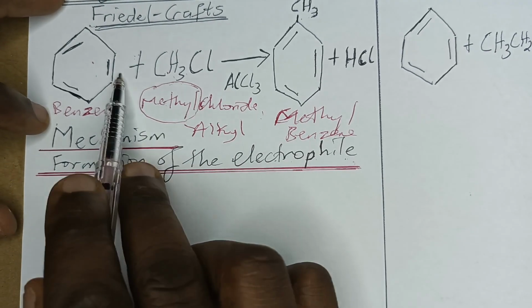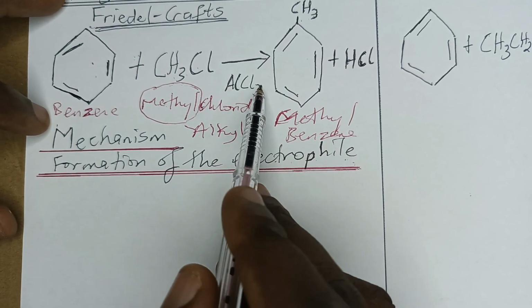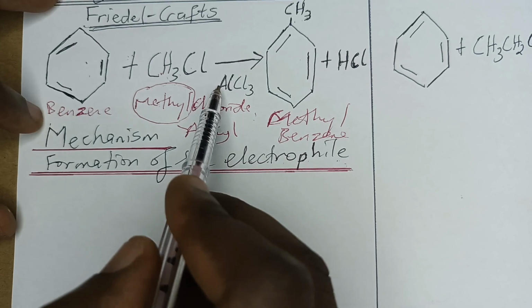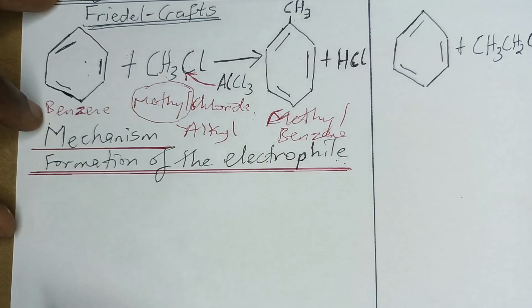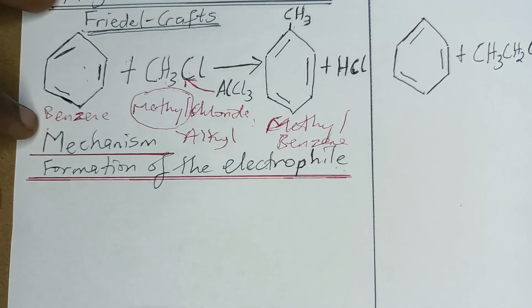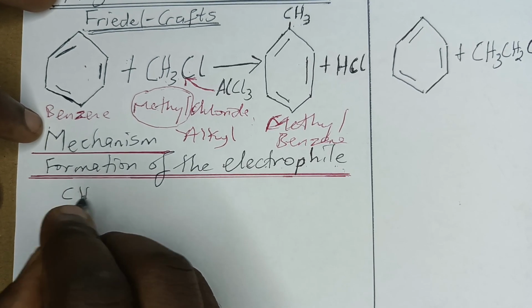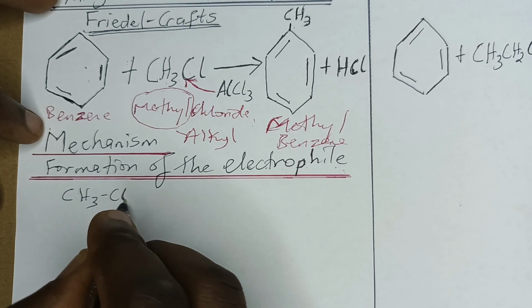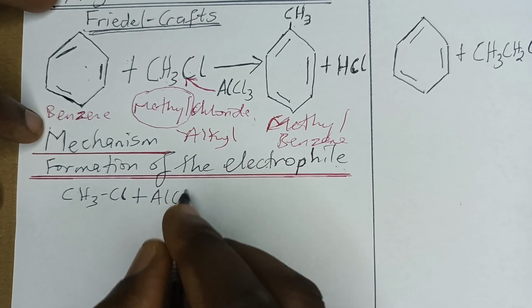Now, this and this react to form this in the presence of aluminum chloride as the catalyst. So what happens is that aluminum chloride attacks this reagent first. How do they attack? Now, CH3Cl attacks AlCl3.